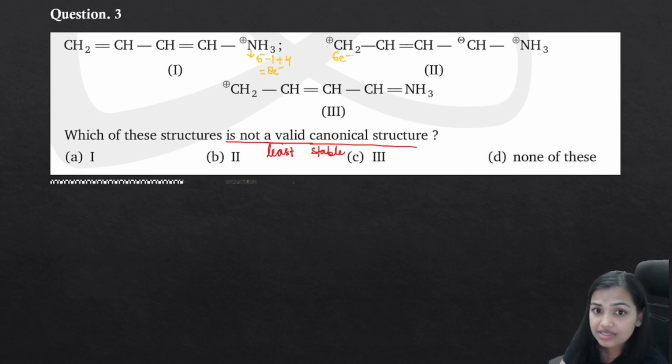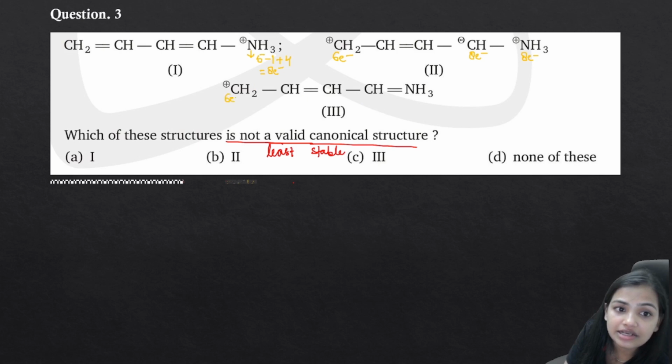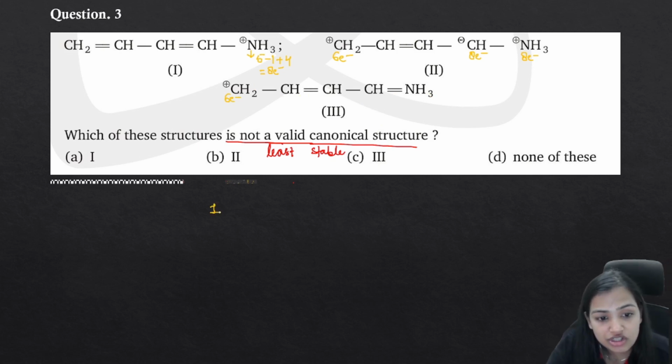Carbocations are usually 6 electron. Carbon, this is an 8 electron species. Ammonium ion we just calculated, it is an 8. 5 minus 1, 4 plus 4, that is 8. If you see there, this is again 6 electron. This carbon is 8, everyone is 8. Now guys, we can easily see in structure number 1 the octet is complete.